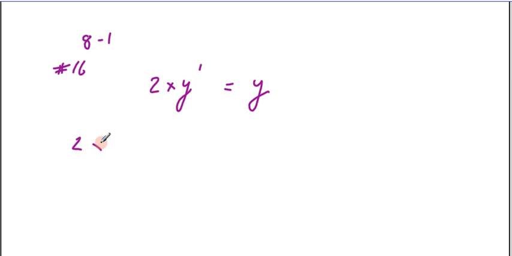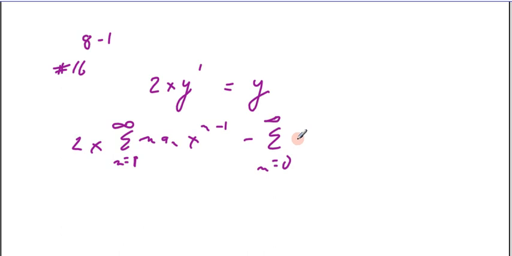We're going to look at problem number 16, from section 8-1. We have 2xy prime is equal to y. So 2x times summation n equals 1 to infinity n a_n x^(n-1), minus summation n equals 0 to infinity a_n x^n, is 0.